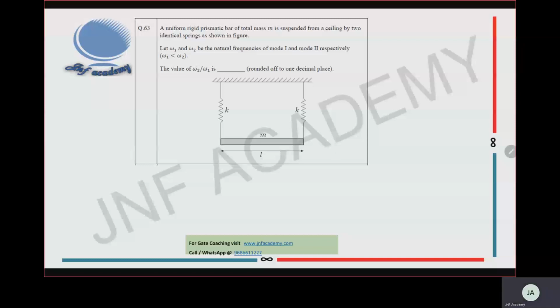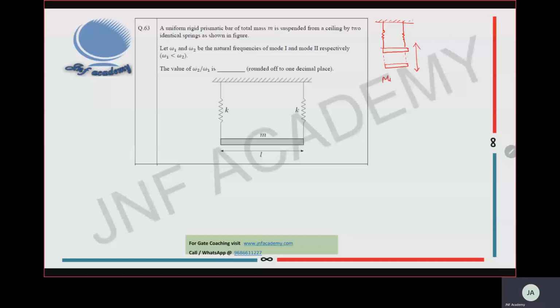In the first mode, it will oscillate equally, up and down, like this.